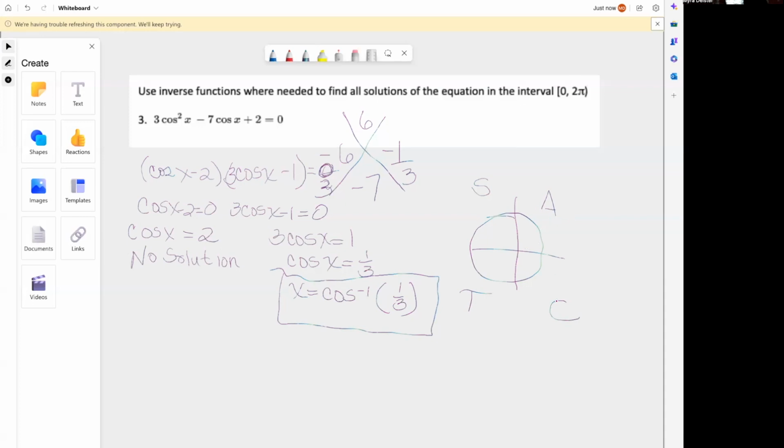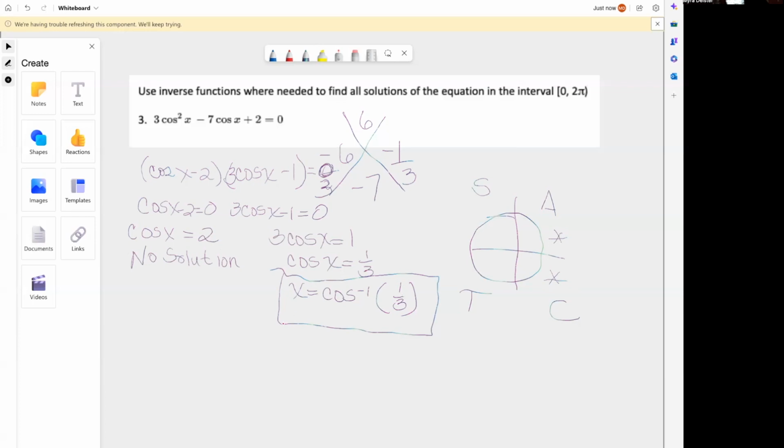So I know that my other angle is going to be there. Since this is positive, this value is my reference angle.